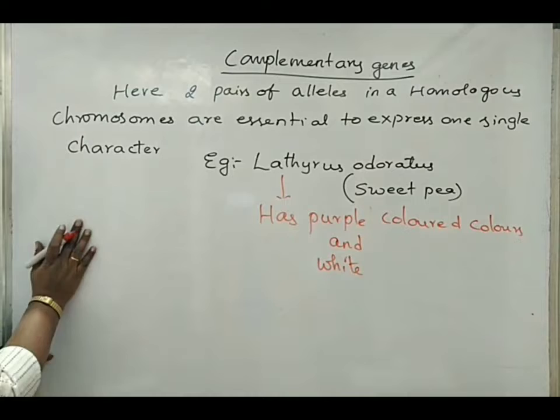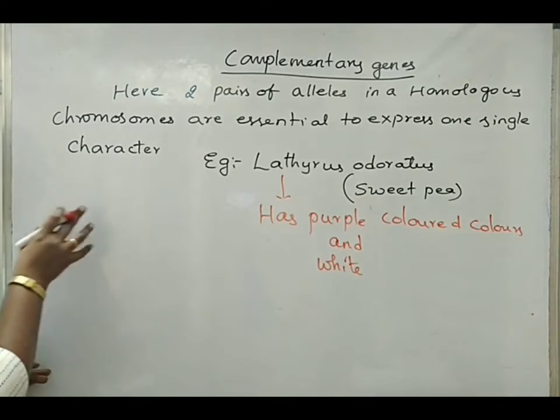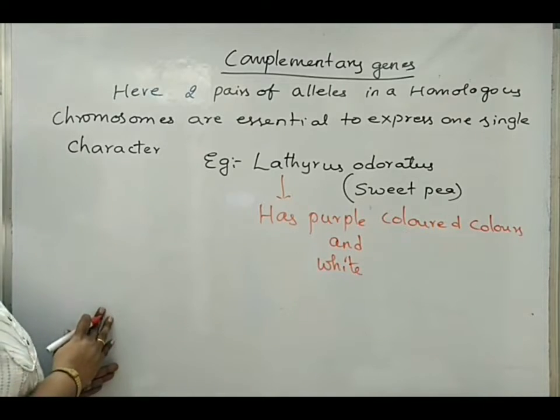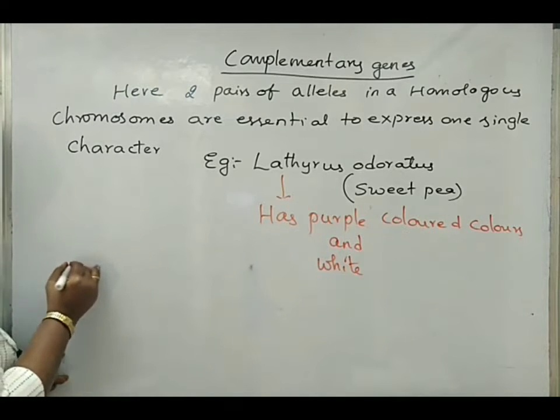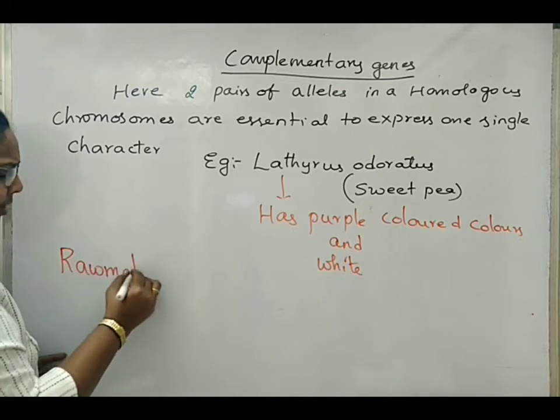Now, for this process, when the flower is forming, there should be some raw material in the plant body. For suppose there was a raw material in the plant body.